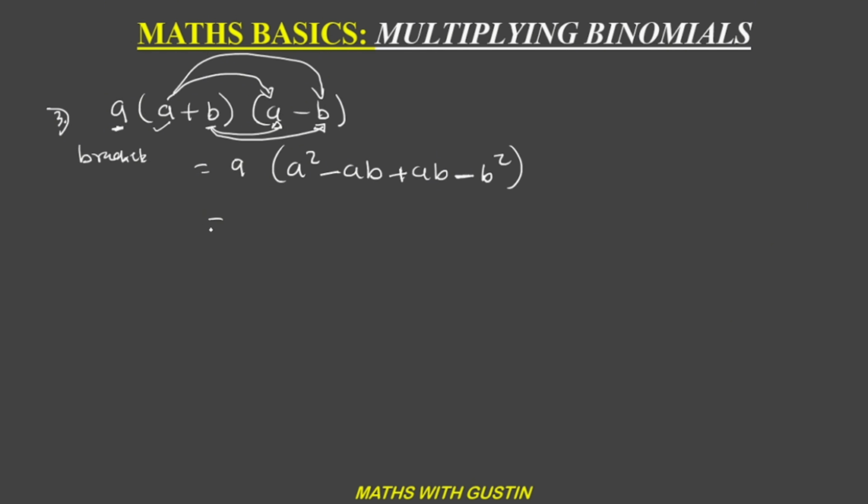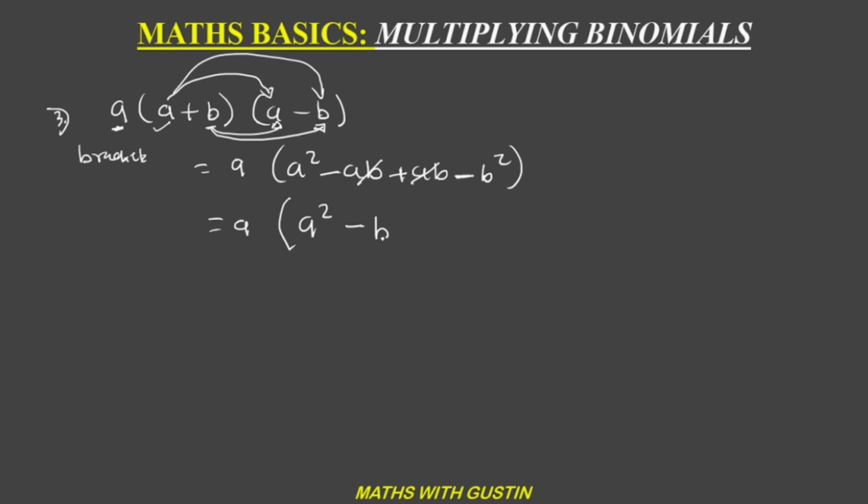Great stuff. The a will still be here because I don't want us to be confused. We'll deal with it later. Now we look for things that are alike. We've got a squared, there's no other a squared. Now we've got minus ab plus ab, so this and this cancel out.